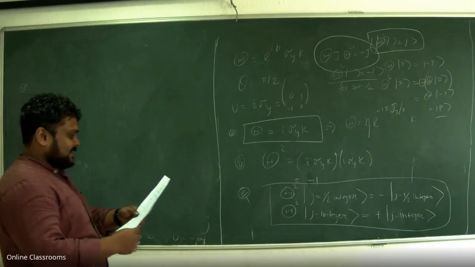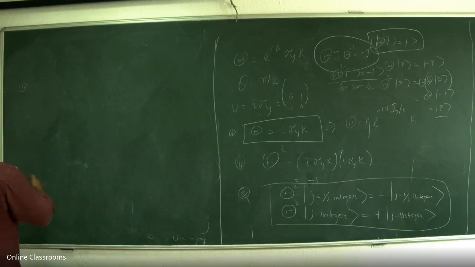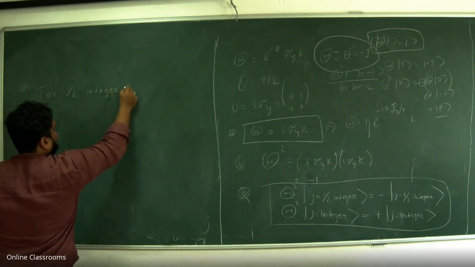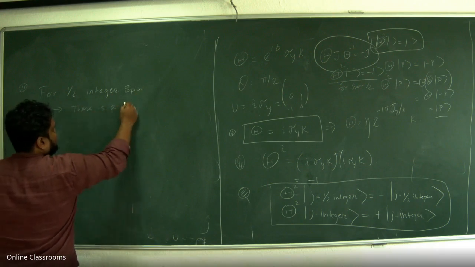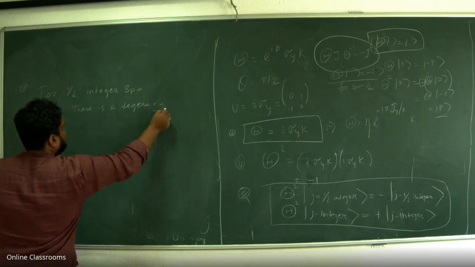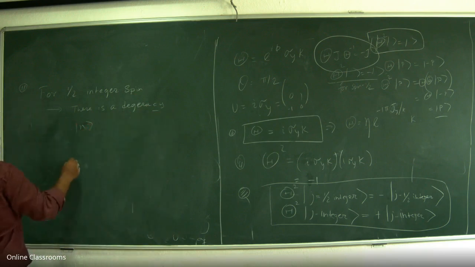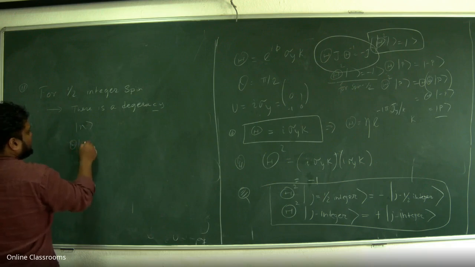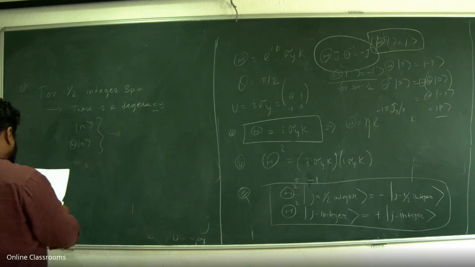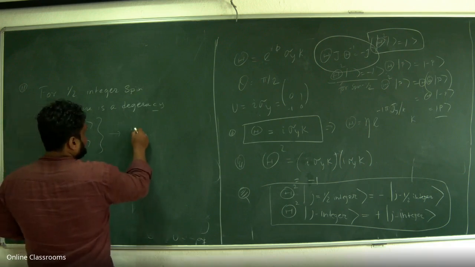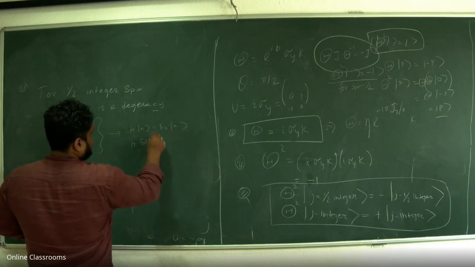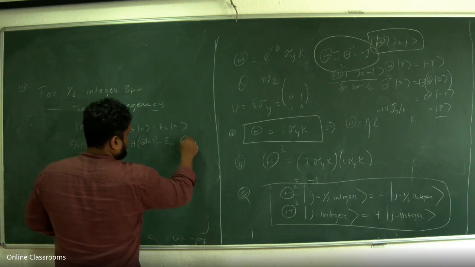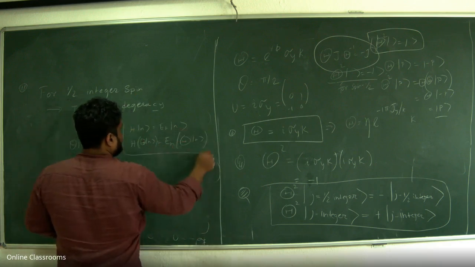Now let me make this important statement, which I will not prove: for half integer spin, there is a degeneracy, which means if I have a state n, then the state theta n, both of them satisfy this.